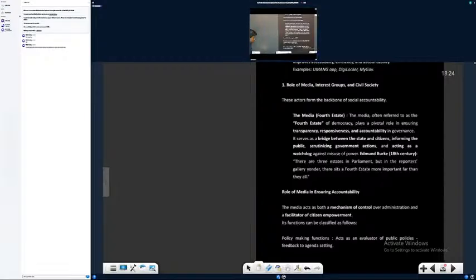See, media, when it comes to accountability, what form of control will media be? Internal or external? External. No? Okay. So, media is often referred to as the fourth estate or the fourth pillar of democracy.